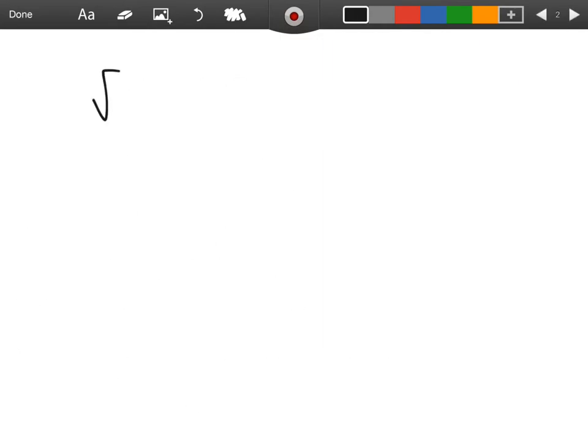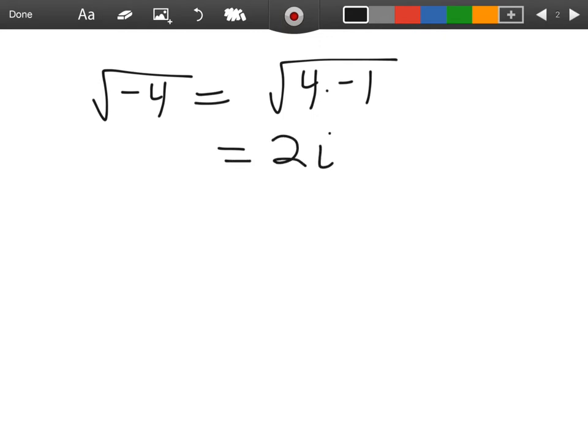So, if we have something like, say, the square root of -4, well, that's the same thing as the square root of 4 times -1, and the square root of 4 is 2, so we'd say 2i. Another example, the square root of -36: we know the square root of 36 is 6, so we just say 6i.